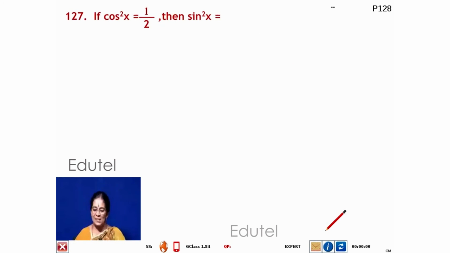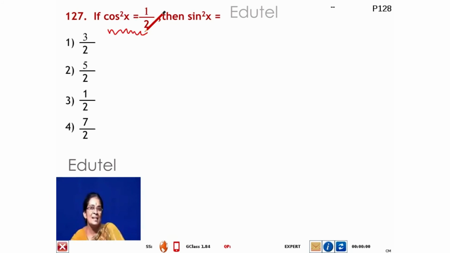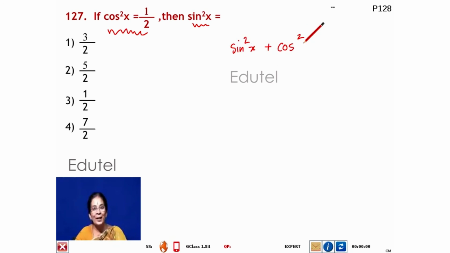Let us see what is there in the next question. In the next question, cos square x is given as half and your work is to find sine square x. So what will you do here? Again, you will take the formula sine square x plus cos square x equal to 1.